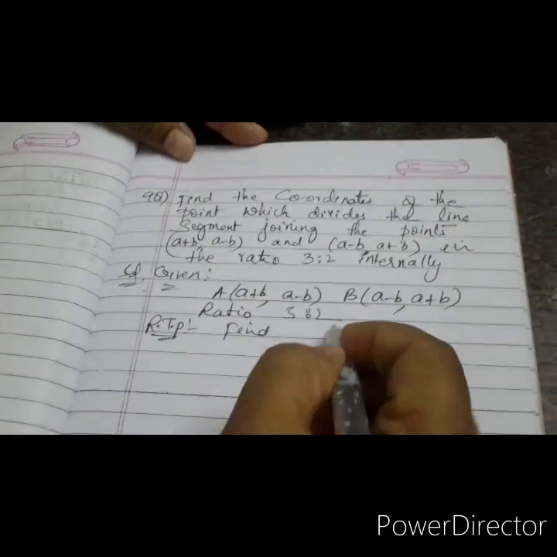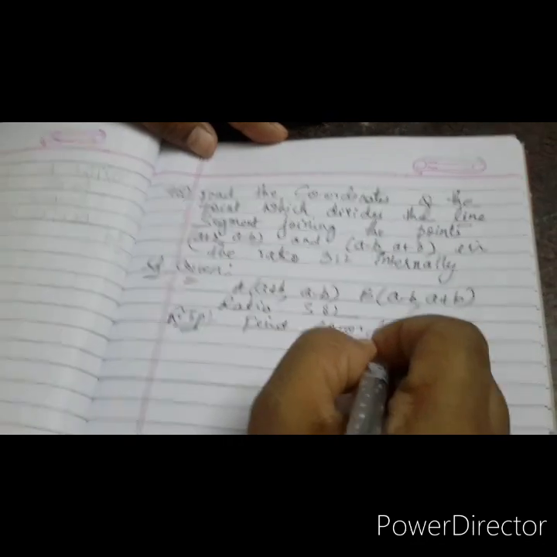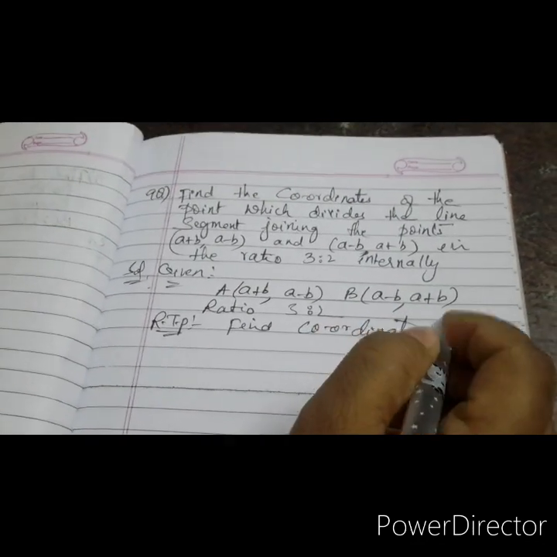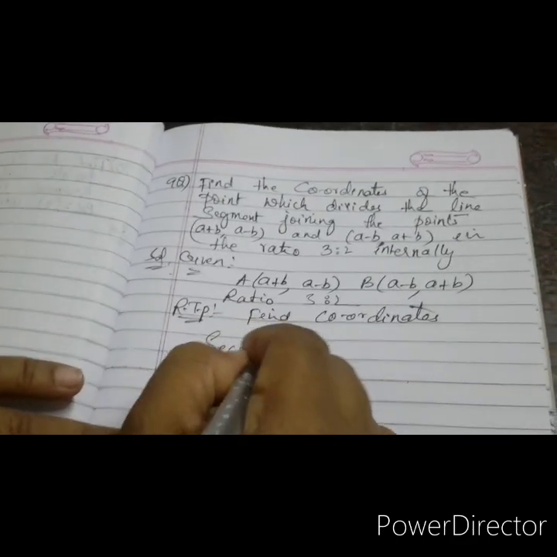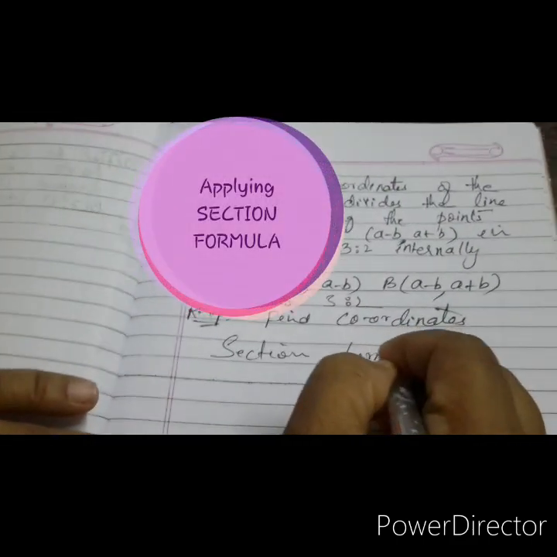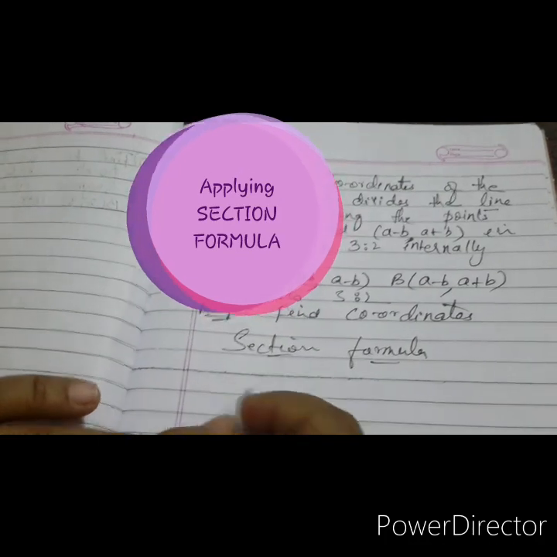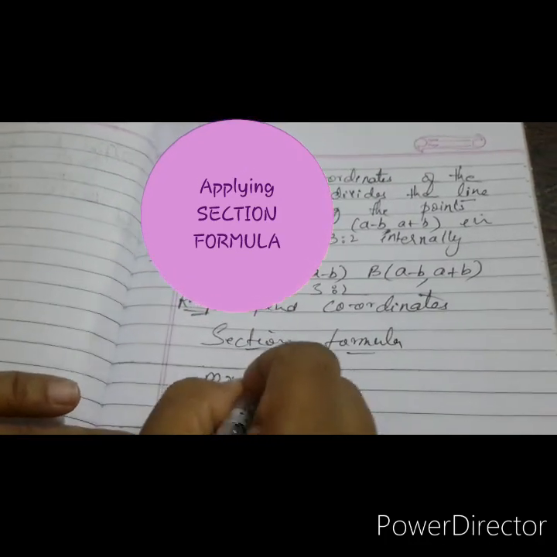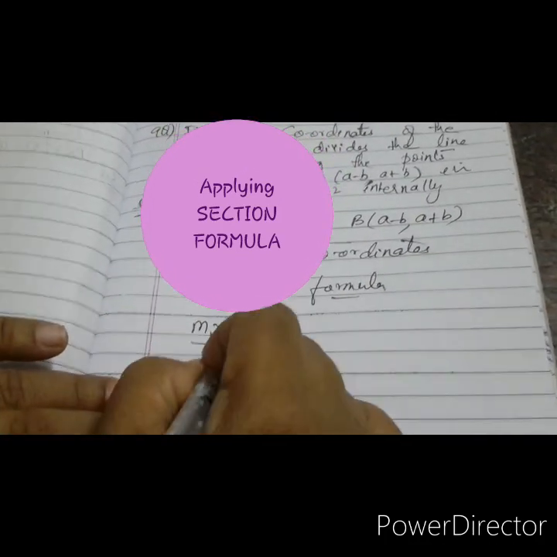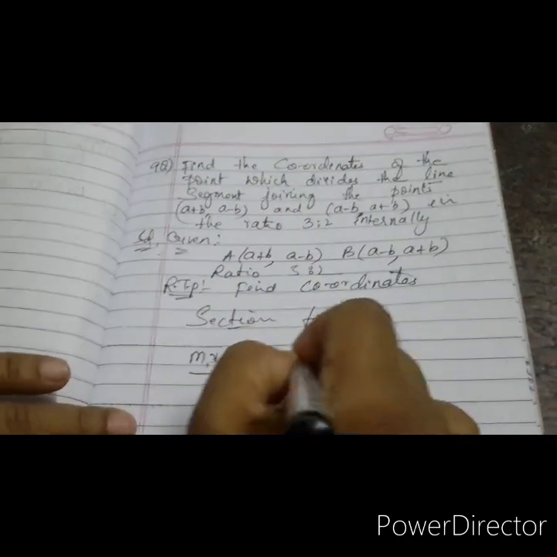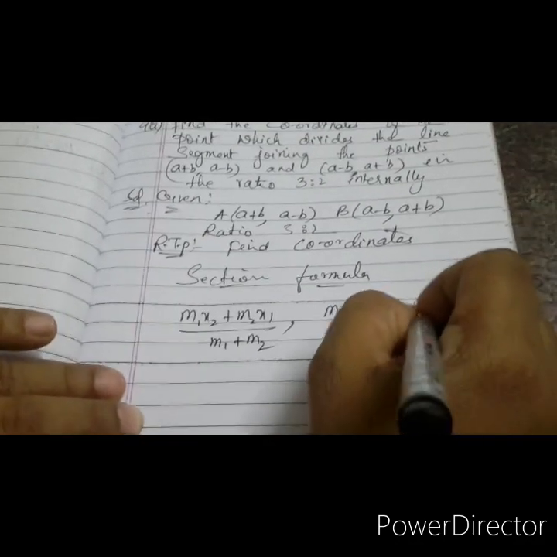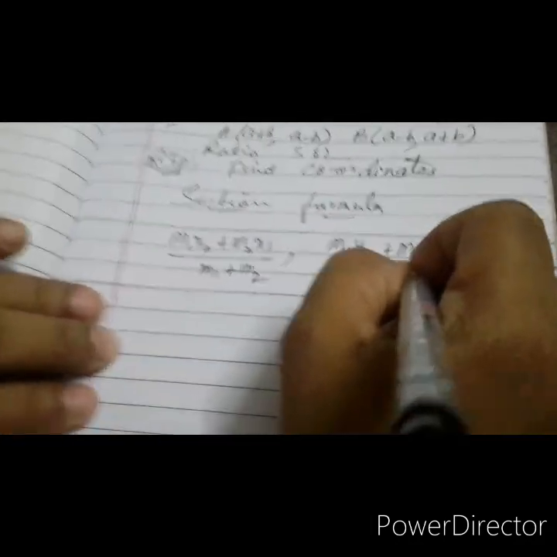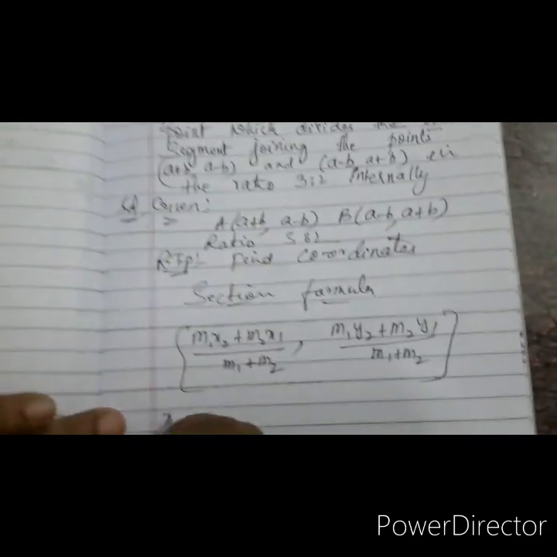What we have to find out: find the coordinates. With the help of the section formula, we are going to solve this one. Section formula: (m1x2 + m2x1)/(m1 + m2), (m1y2 + m2y1)/(m1 + m2).